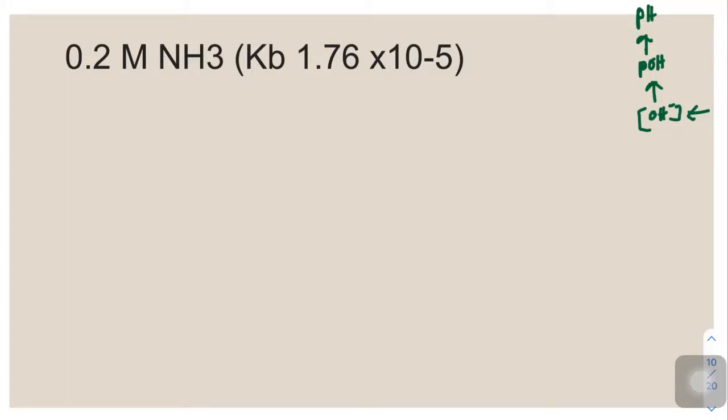constructing our ice table. So the ice table will be NH3 aqueous plus H2O liquid turns to ammonium plus hydroxide ion.